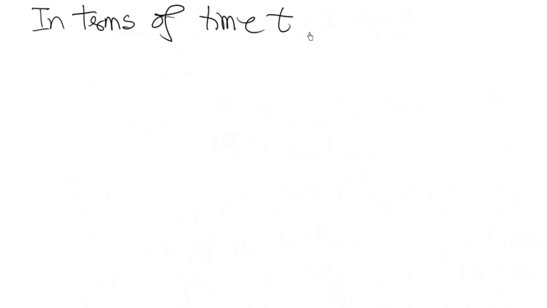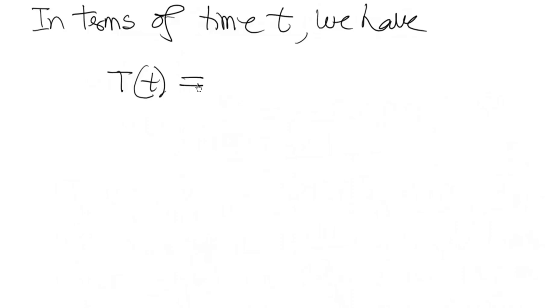so in terms of time t, we have kinetic energy, and it was 1/2 k xm square minus u of x, which is half k x square.